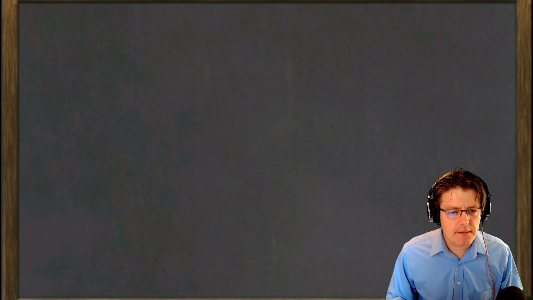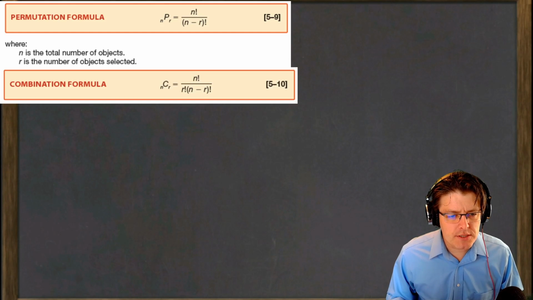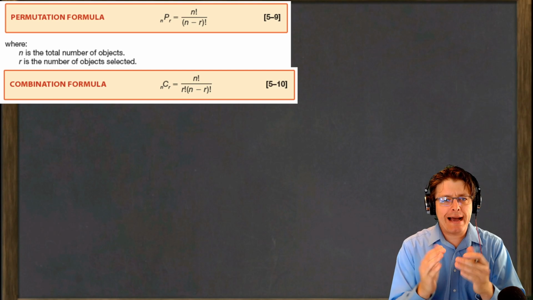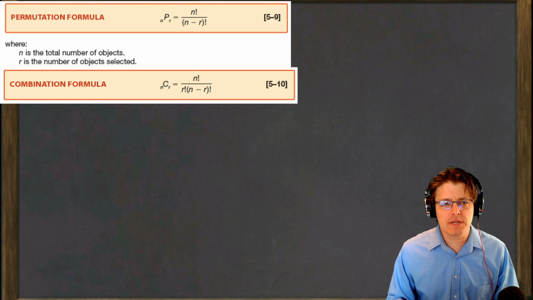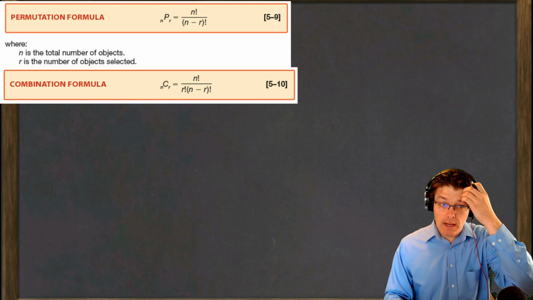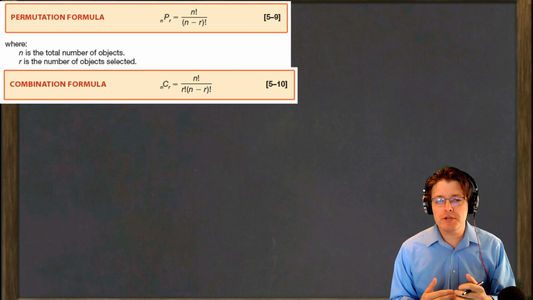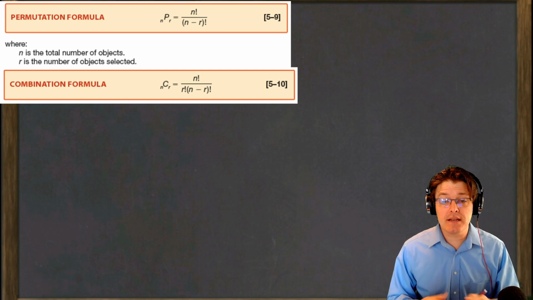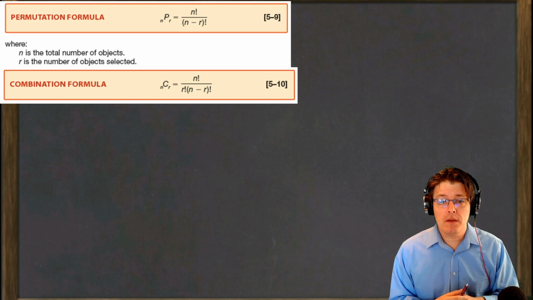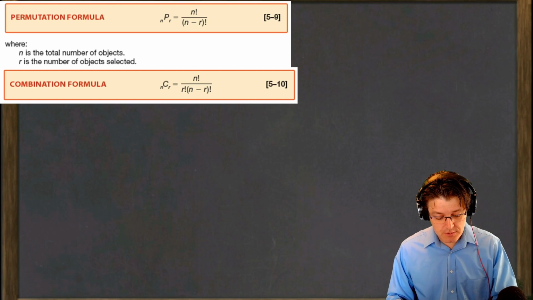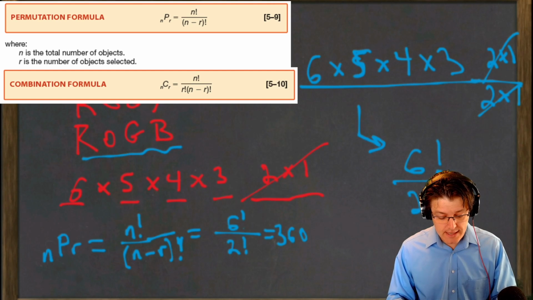Okay, and actually I'm going to put these back up. This is just taken from the book, but notice how similar these 2 formulas are. The only change in the combination is that r factorial, and that's the number selected.